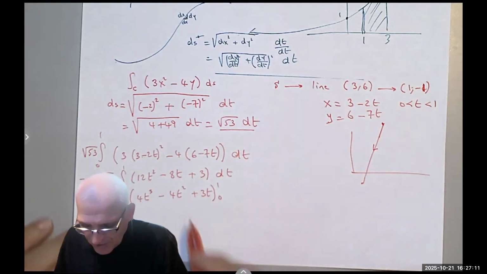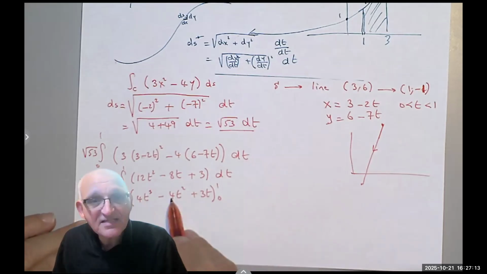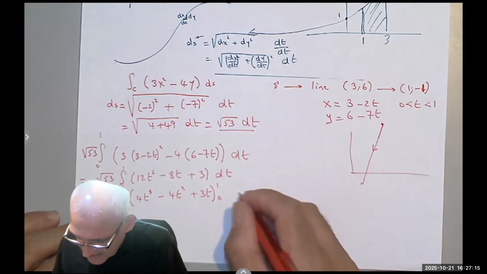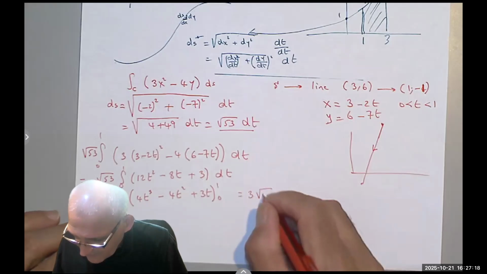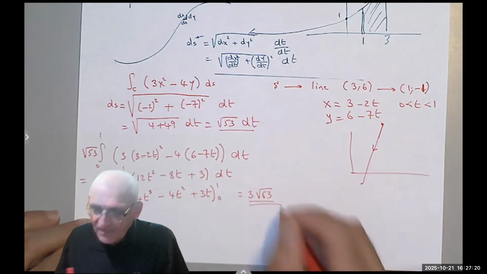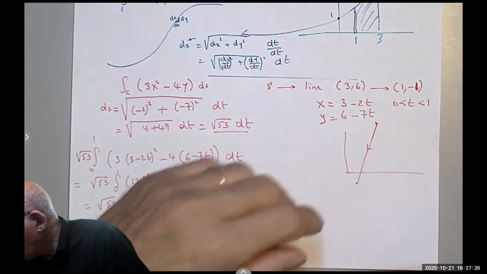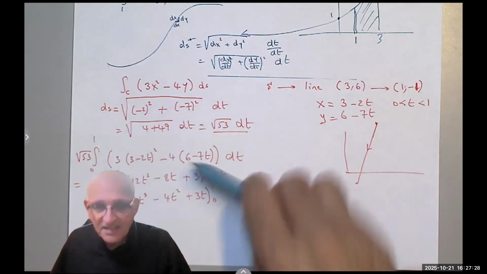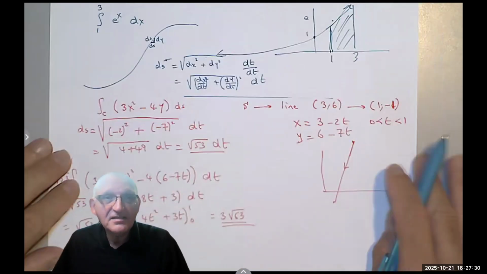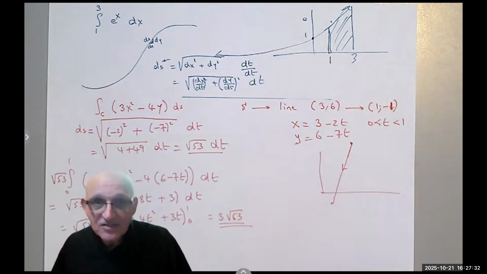It's just substituting 1. 4 minus 4 cancel each other, and you get the answer is 3 root 53. That's the answer. See how simple it is? Not all integrals would be simple, but definitely it's a way at least to find the answer. Okay, so that's the first example.